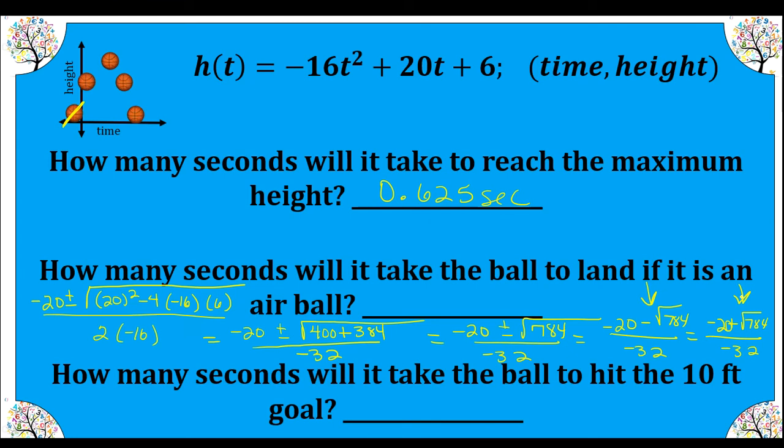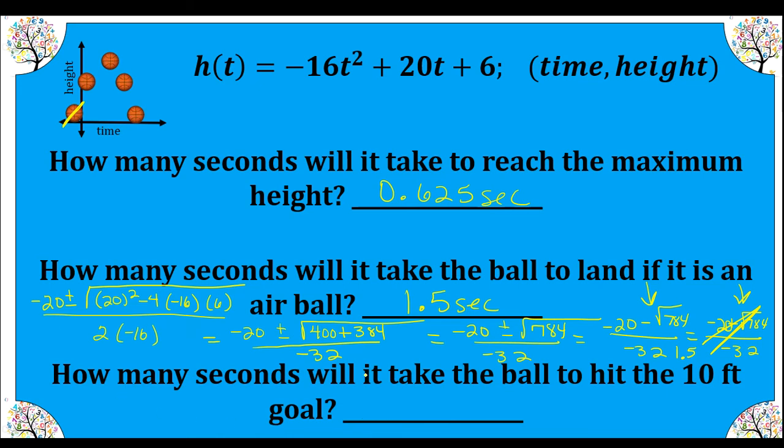So let's calculate: negative 20 minus the square root of 784, and then we divide by negative 32. That gives me 1.5, so it's positive. So it's going to take 1.5 seconds for the ball to land. There's no need to calculate the other one because we would get a negative value and it would be irrelevant.